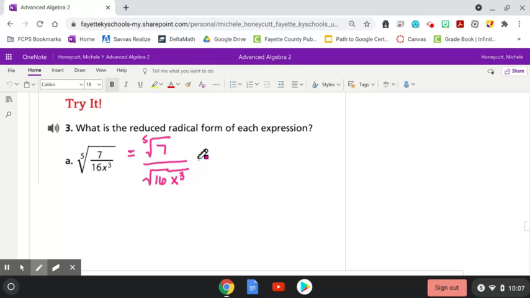So I need to multiply by something that's going to cancel out the radical. And by the way, this is the fifth root. Now, I want to try to cancel out the fifth root, which means I need perfect fifth powers right here.